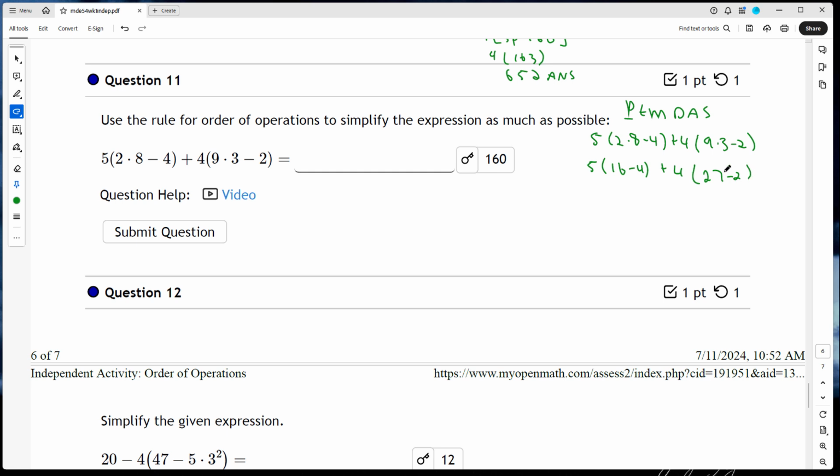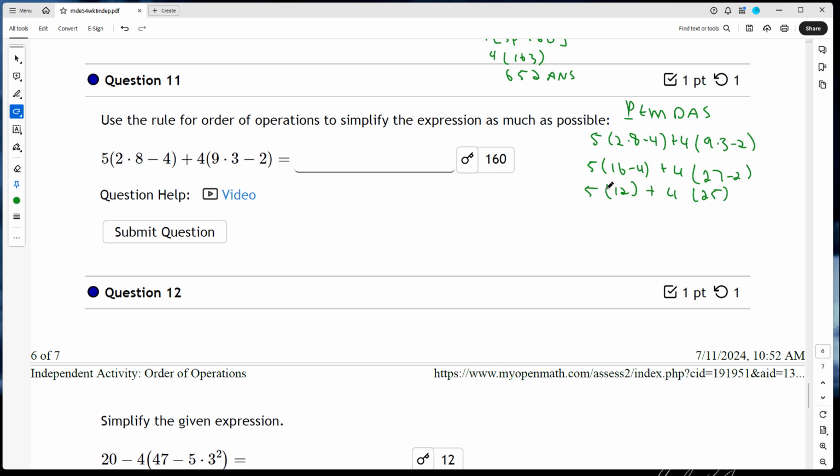Minus 2. And still got stuff I can do in here. So simplify inside of parentheses. So I have 5 and 16 minus 4 is 12. Plus 4, 27 minus 2 is 25.